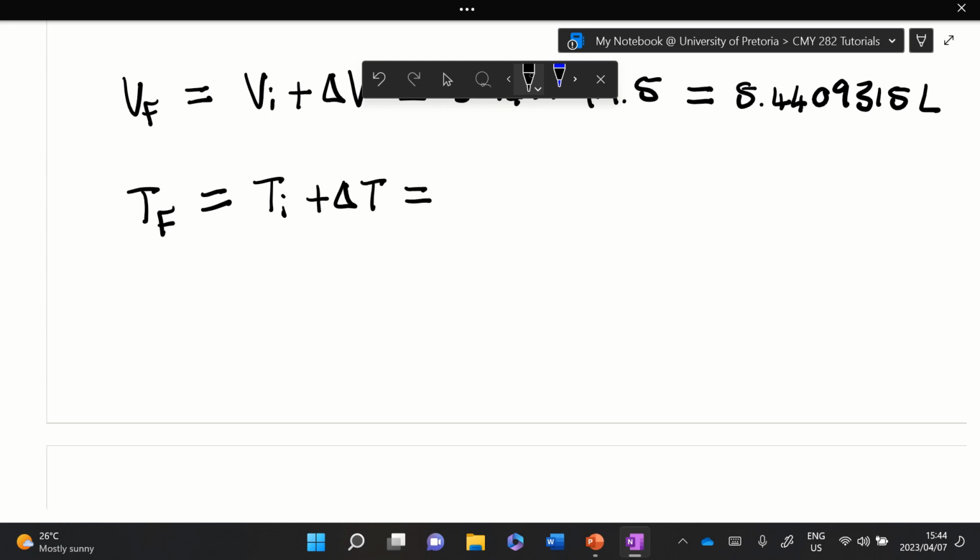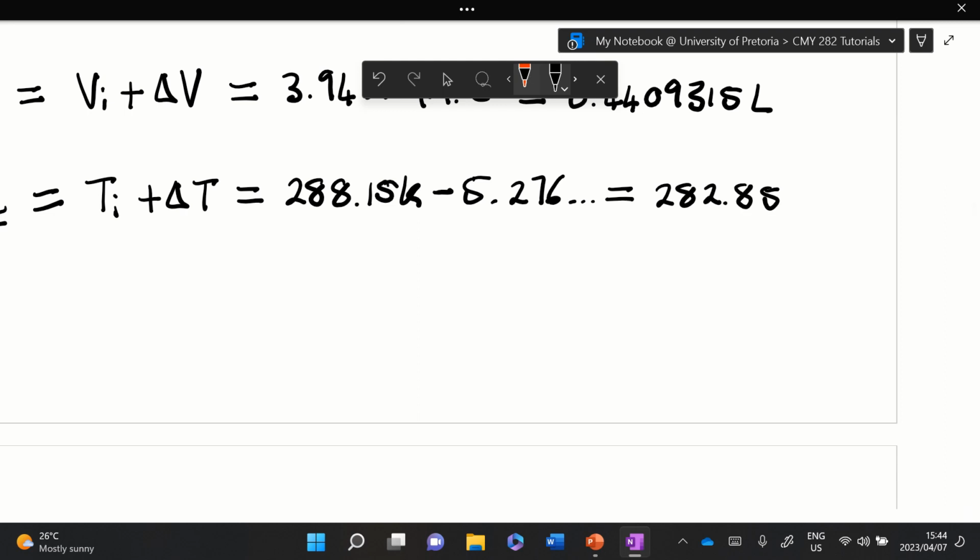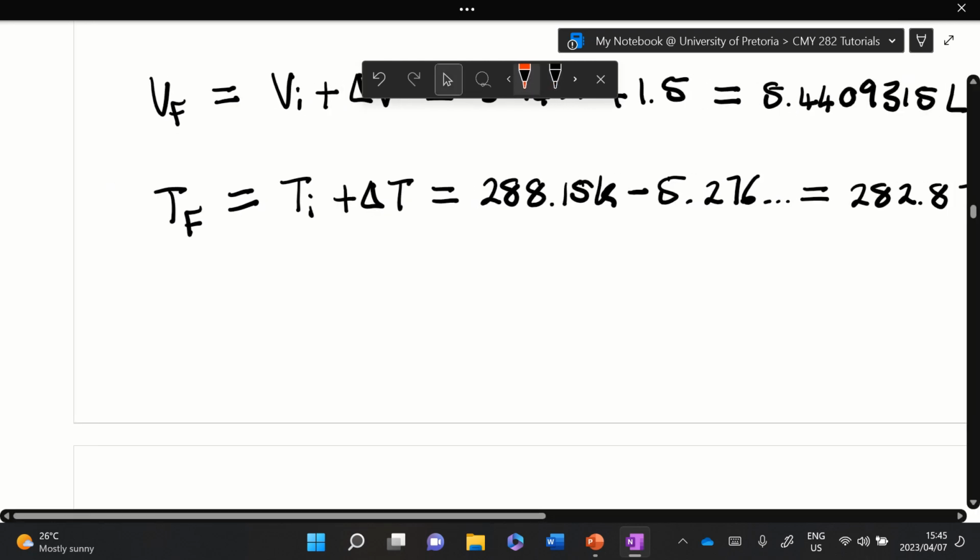So then T_I was 288.15 Kelvin minus, okay, so now we need to use the pre-rounded value again, 276 and some values. Oops, wrong one. That gives us 282.854 and a bunch of numbers.